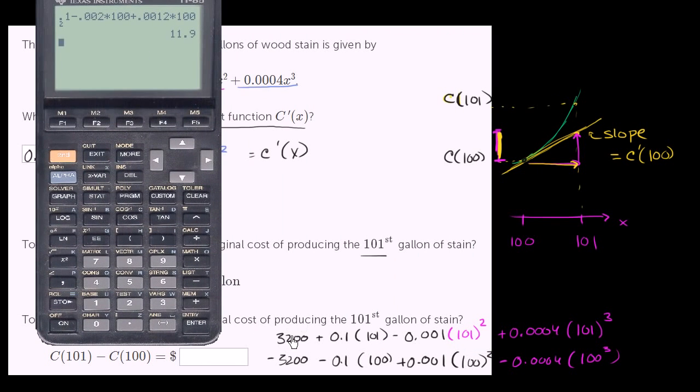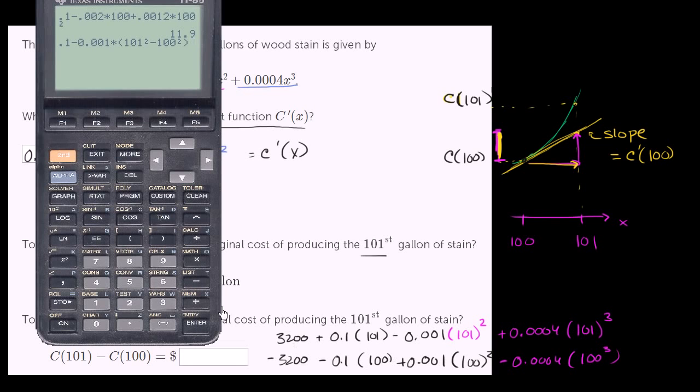So 3,200s will cancel out, so I don't have to even type that in. And we could write this as 0.1 times 101 minus 100. Well, that's just going to be 1, so this is just going to be 0.1. So then we're going to have minus 0.001 times 101 squared minus 100 squared.